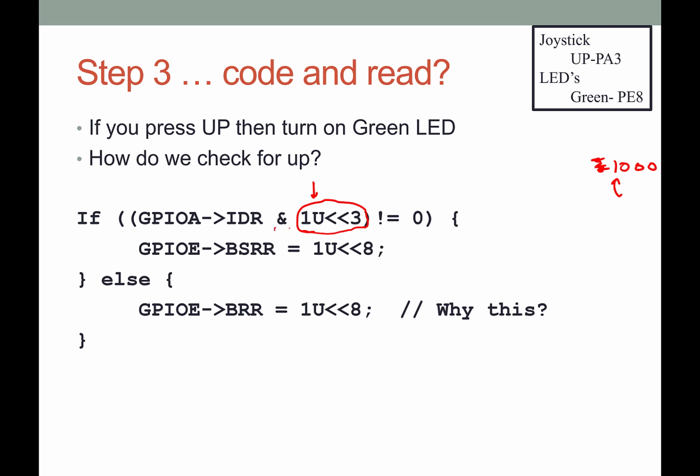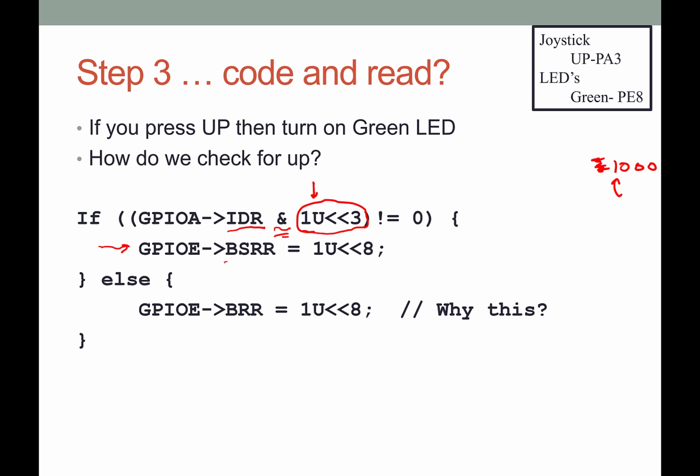So this is going to AND the input data register with a 1 in that location. If we have a 1 in that location, then that'll be true. If it's not, then that'll be false. And so it says if it's true, then that's not equal to 0, and we'll go into this spot. So if this is true, we're going to go in here.